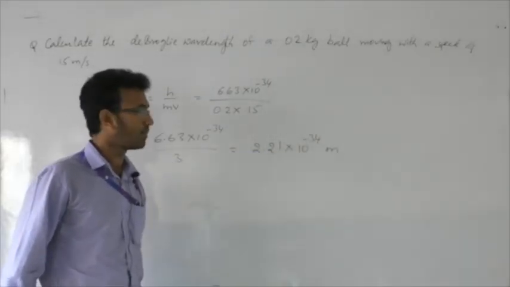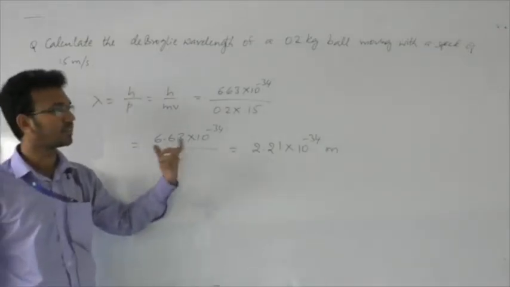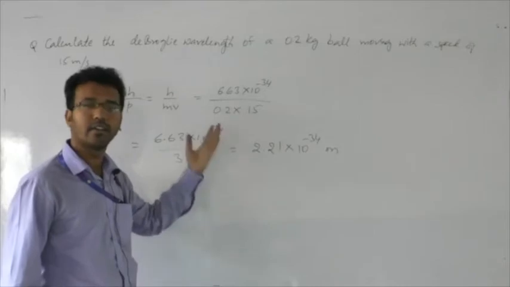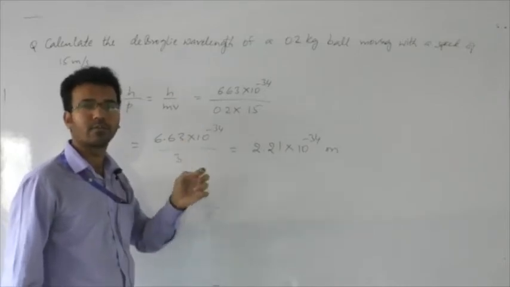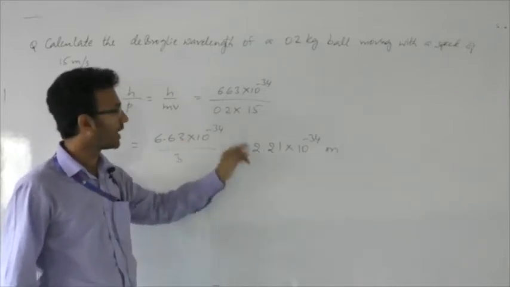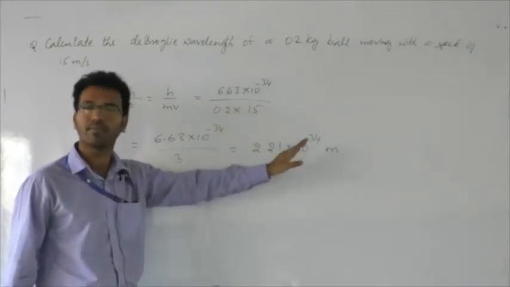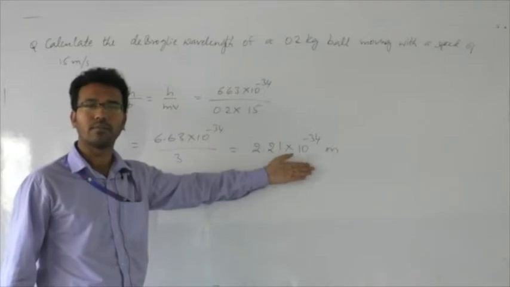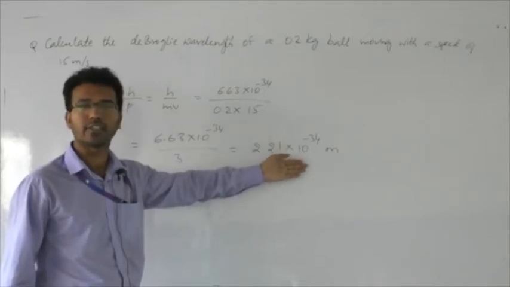That's why I said in my previous lecture, you cannot see the waves associated with macroscopic bodies because of their huge mass compared to the masses of the subatomic particles. If you have an electron and proton, the wavelength will be appreciable. It will be in a few nanometers or angstrom range.